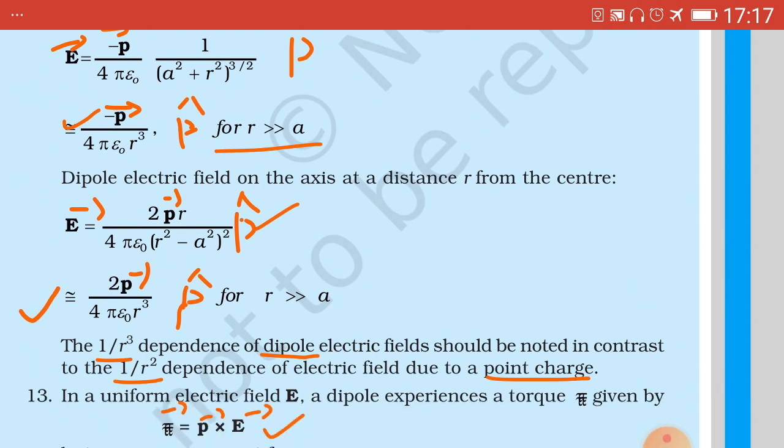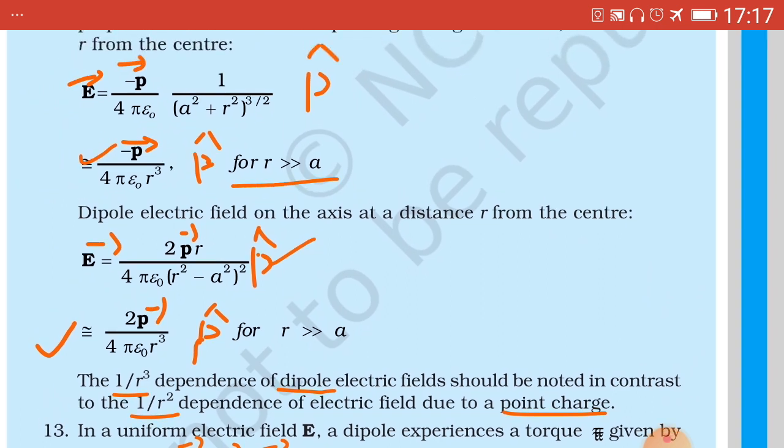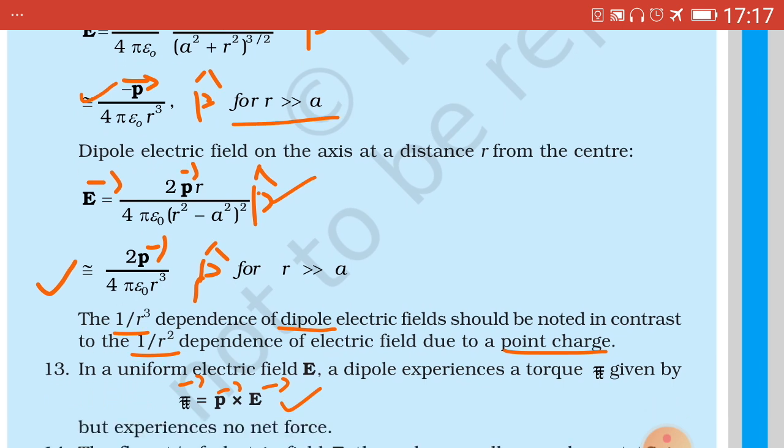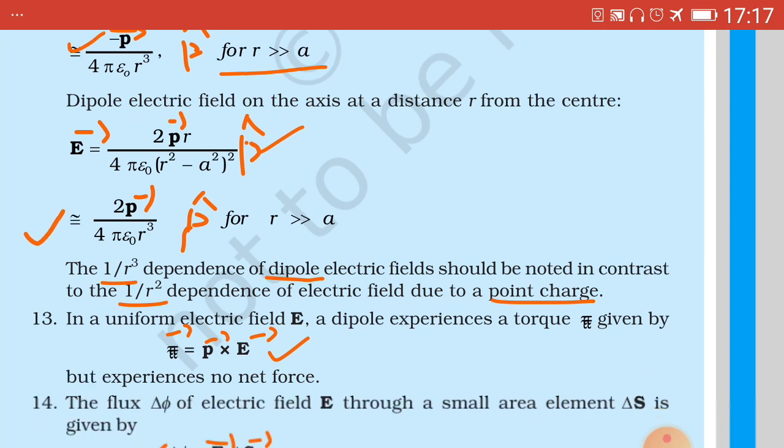Similarly, for dipole electric field on the axis, first one is for r greater than a, minus p vector upon 4 pi epsilon 0 r cube into p hat. P hat is the unit vector in the direction of vector p. On the axis, for r greater than a, vector E equal to 2p vector upon 4 pi epsilon 0 r cube into p hat.